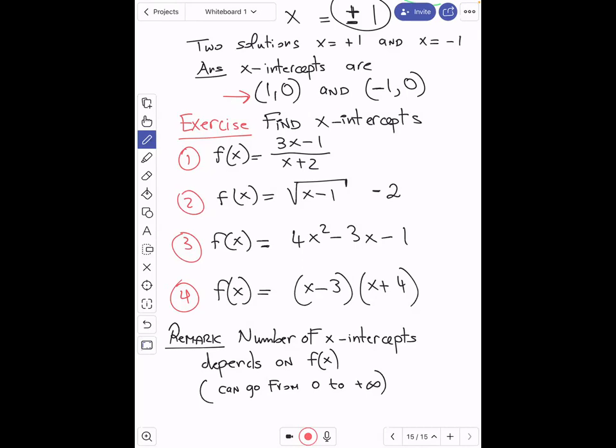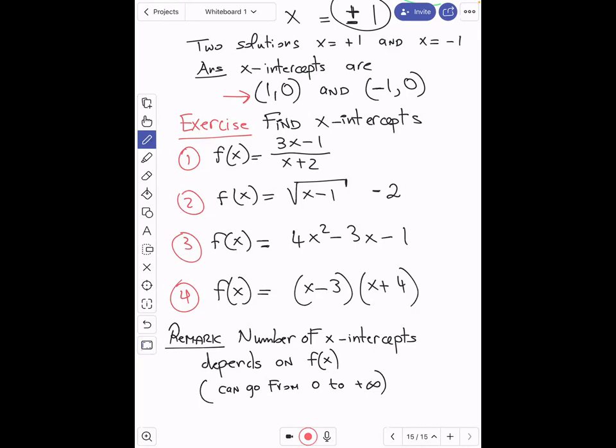Actually, number 1, the answer is supposed to be 1/3. In the last 2 minutes, for number 2, your answer is correct. The answer is 5. But don't forget, for your final answer, the x-intercept should be 5,0, right? Let me discuss the first function now, and I will continue with the other ones on Wednesday.